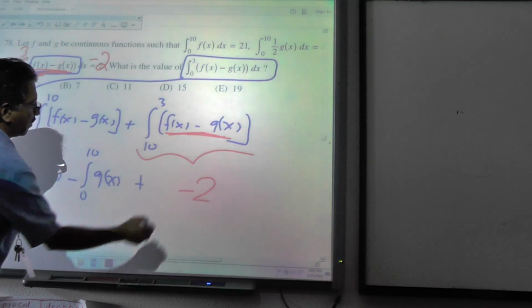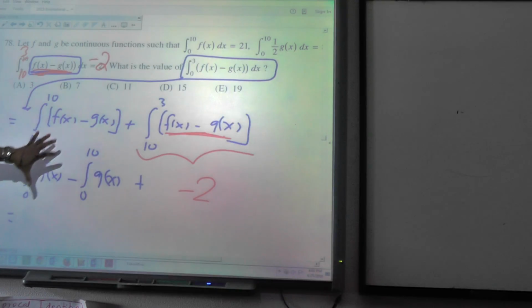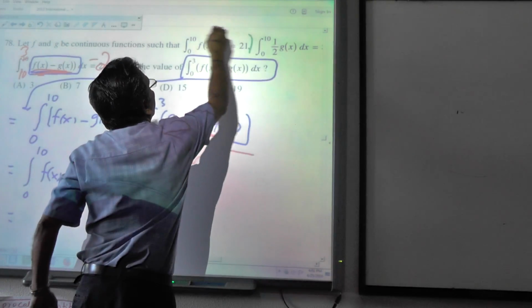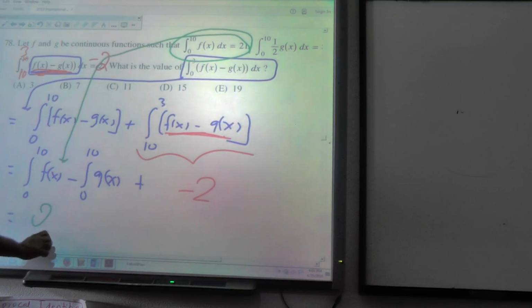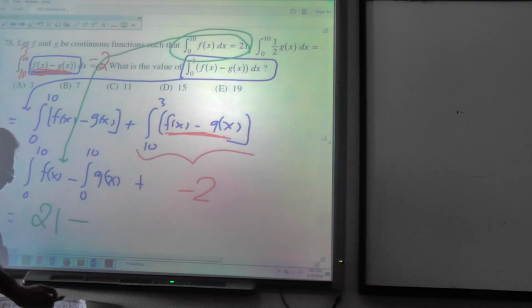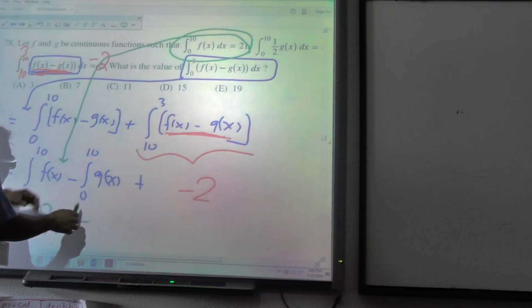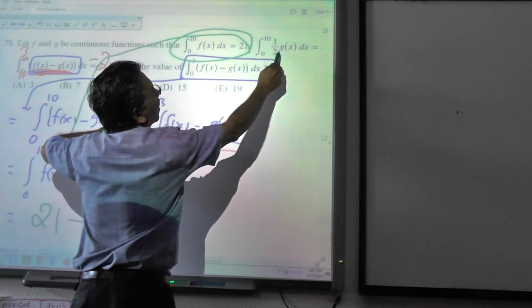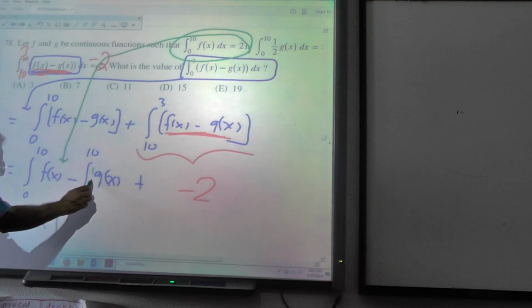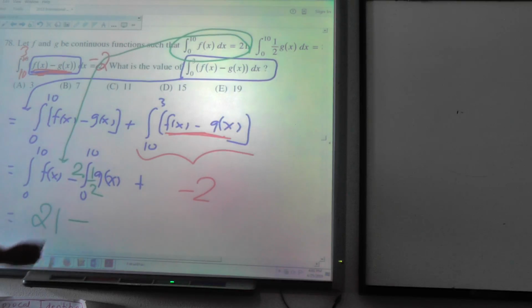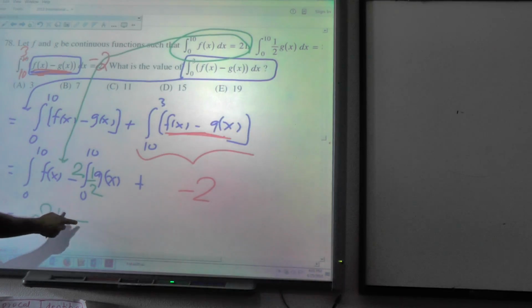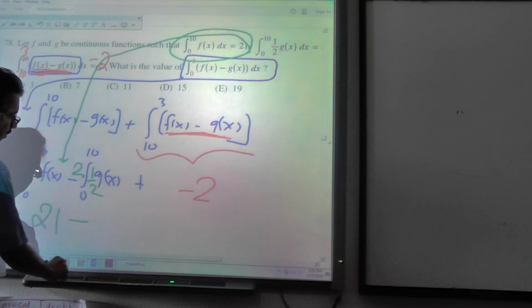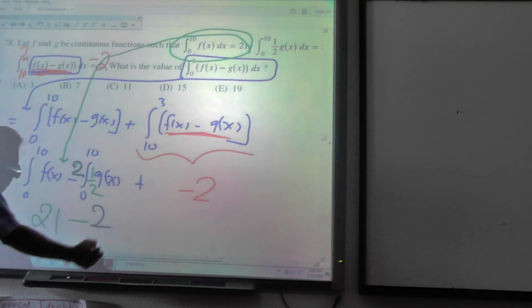Okay, and this answer we already know. Now 0 to 10 is here. This goes right here, which is 21 minus, now be careful here, this is gx, but there is a half gx. So I'm going to multiply half here and multiply 2 like this. And that answer is given in the problem as 8. So minus this 2, this black 2 will be here.